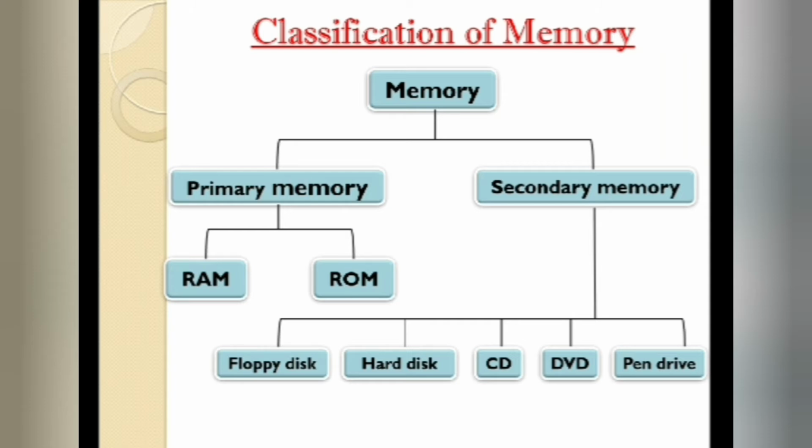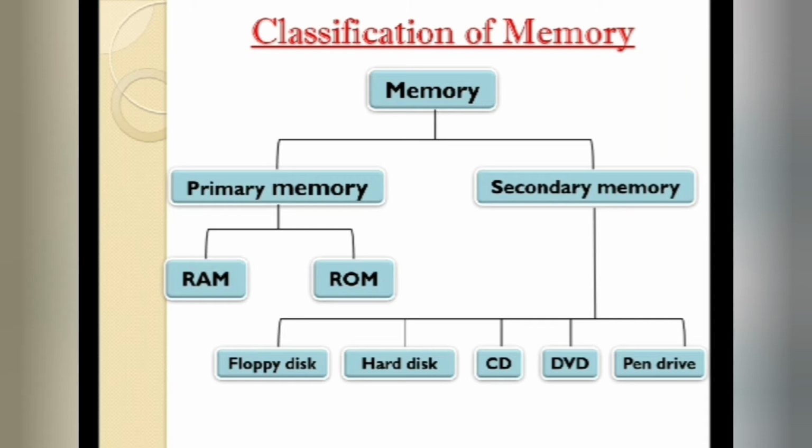Here I gave some examples of secondary memory, like floppy disk, hard disk, CD, DVD and pen drive. These are all examples of secondary memory.